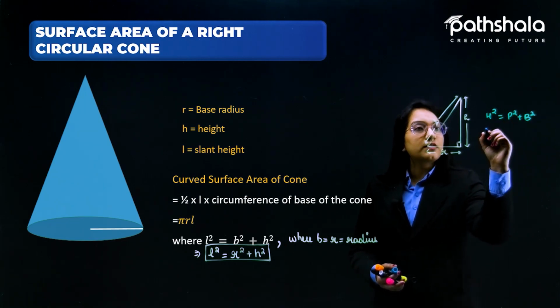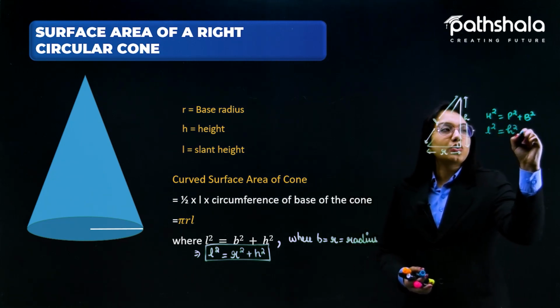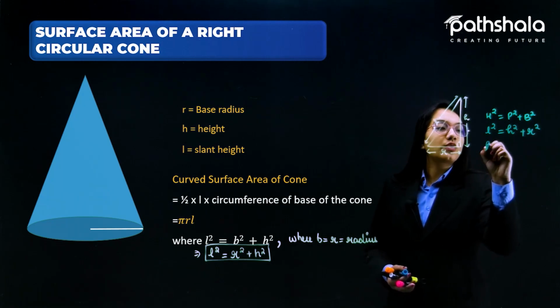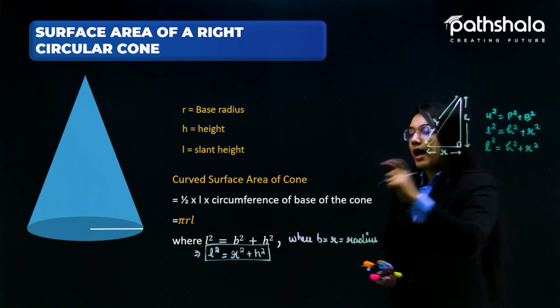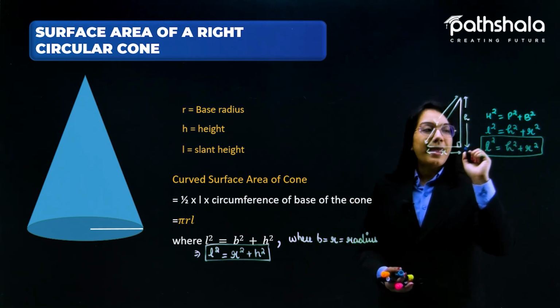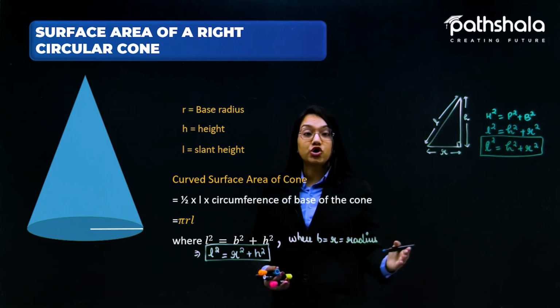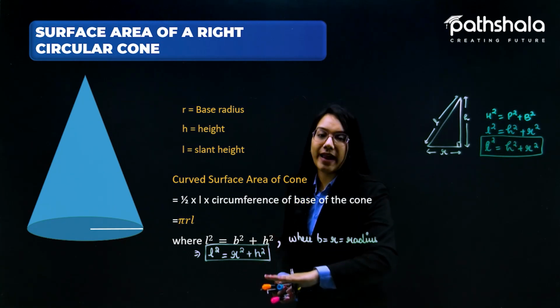So hypotenuse square, L square, is equal to perpendicular, which is H square, plus base, which is R square. So hence L square is equal to H square plus R square, and this is exactly what I have written over here, that between L, H and R there is a relationship that L square is always equal to R square plus H square.